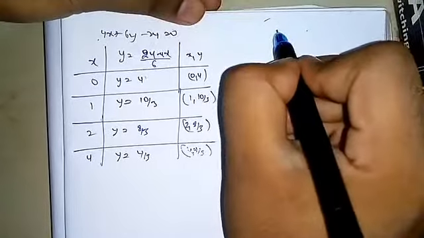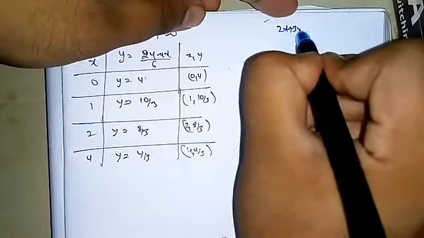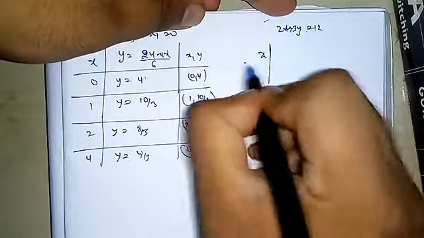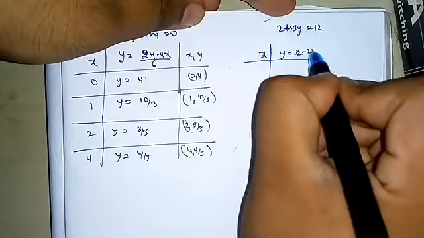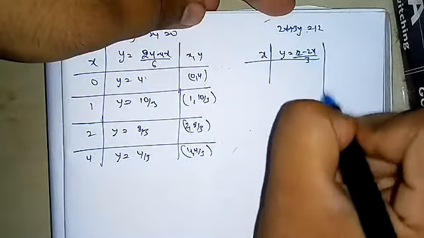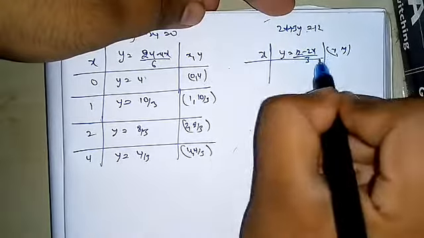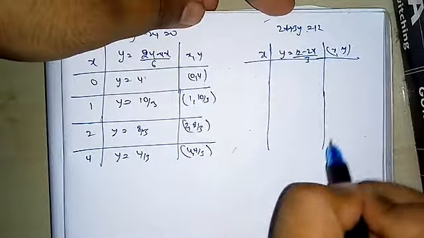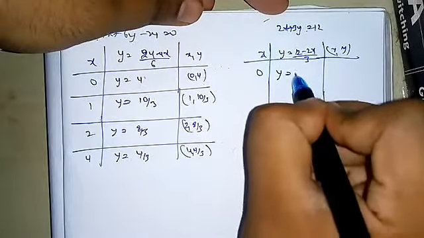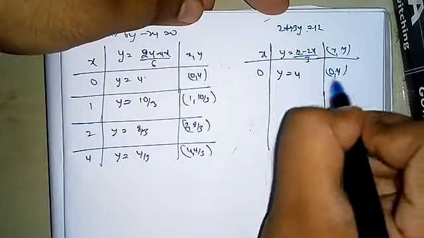For next line, 2x plus 3y is equal to 12, y is equal to 12 minus 2x by 3, x comma y. For x equal to 0, y will be 12 by 3, 4, so 0 comma 4.